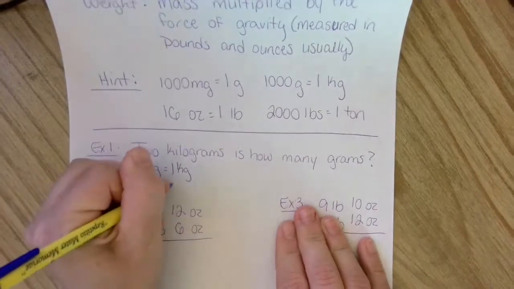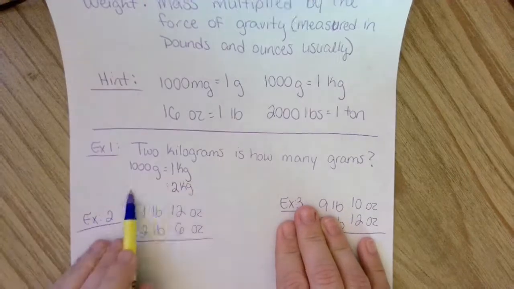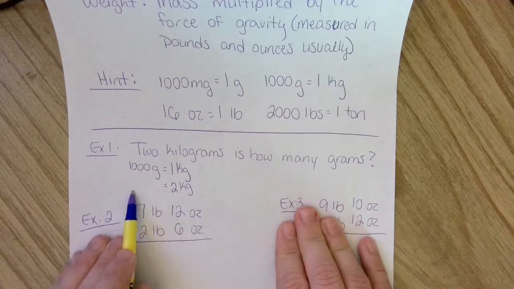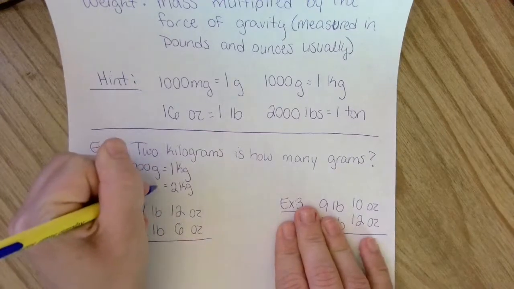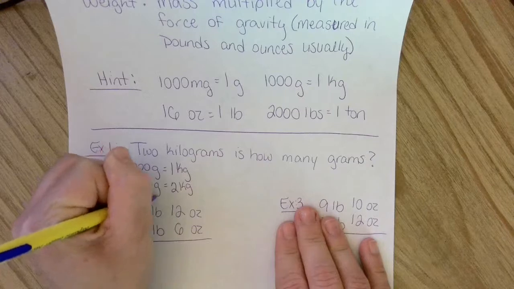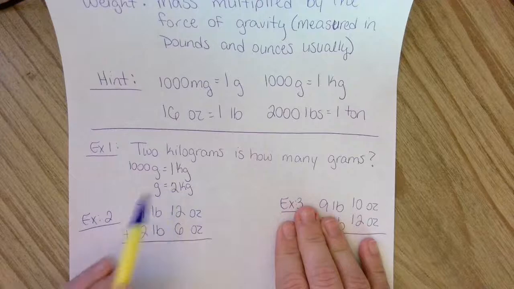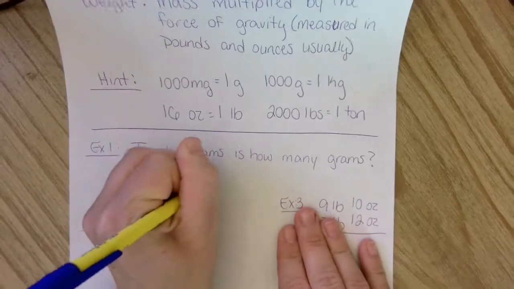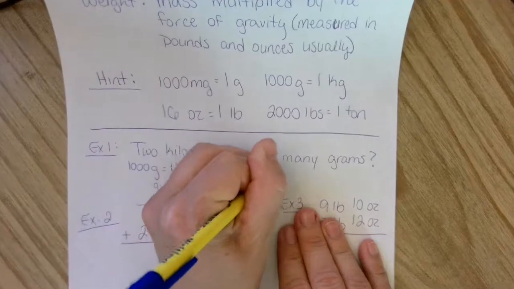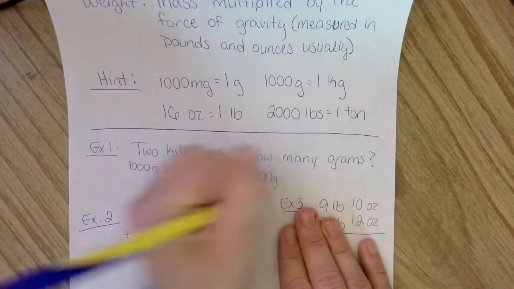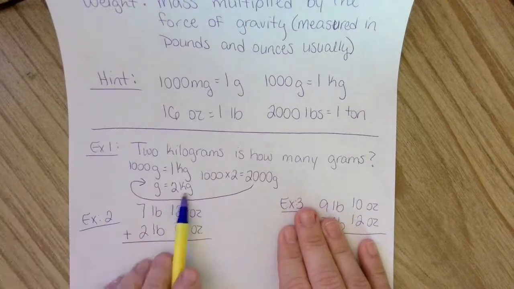So then I would need to multiply the 1,000 by 2 to get how many grams are in 2 kilograms. So I'm going to be multiplying 1,000 times 2 to get my answer. And of course that equals 2,000. So then 2,000 grams equals 2 kilograms.